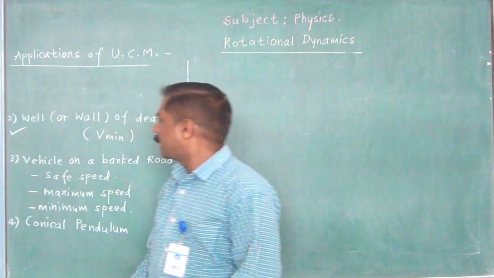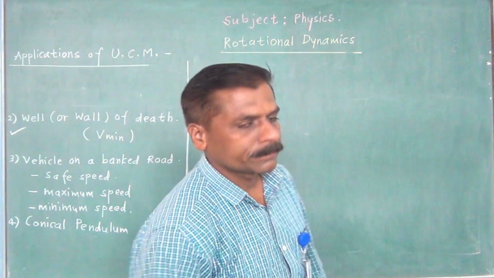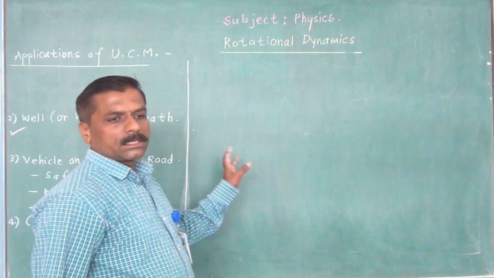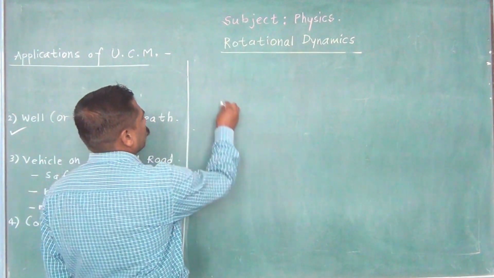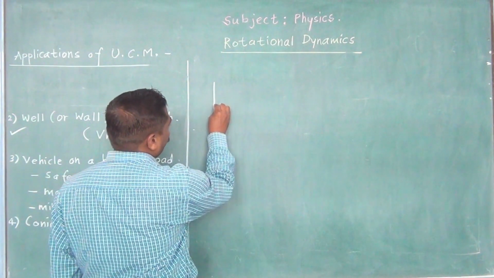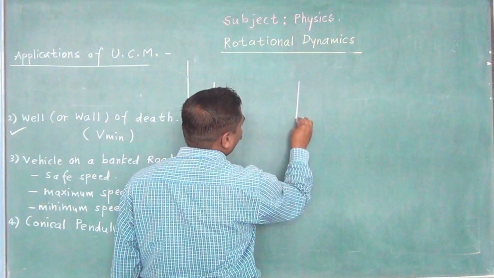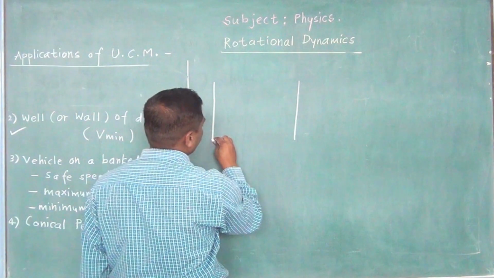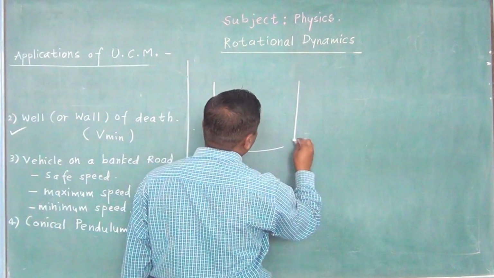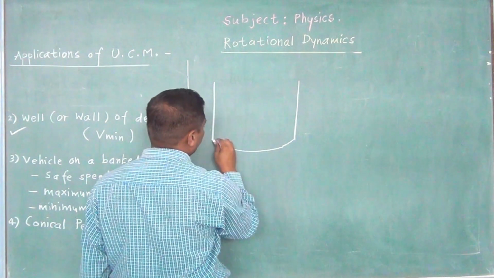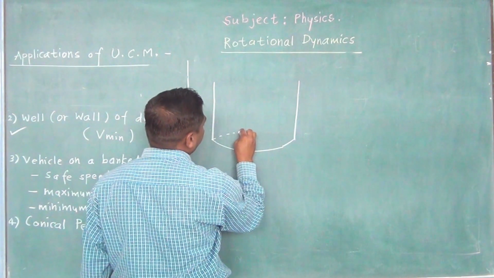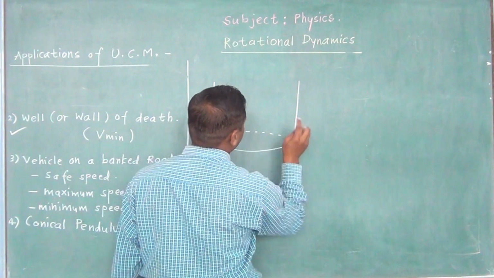We are interested to explain the second application, that is the well or wall of death. We can draw the diagrammatic representation for this. Suppose we consider this is a wall or well. So we can represent it like this.